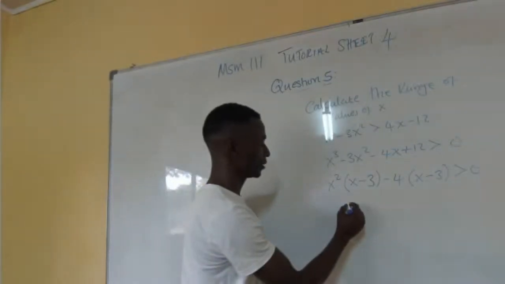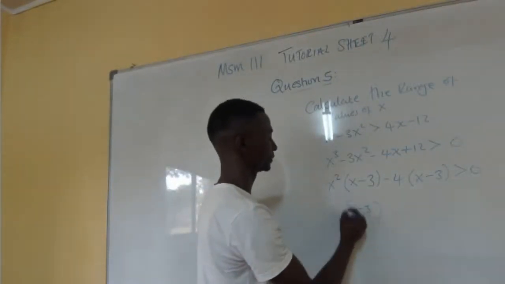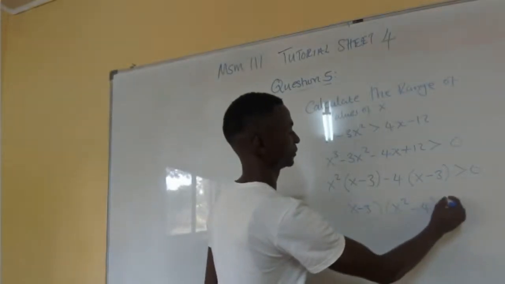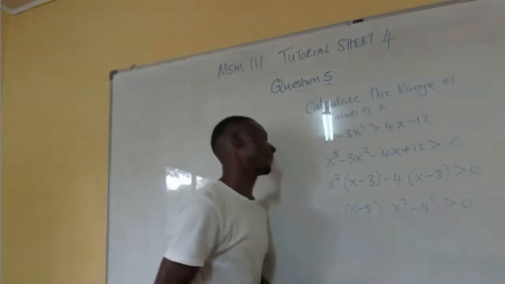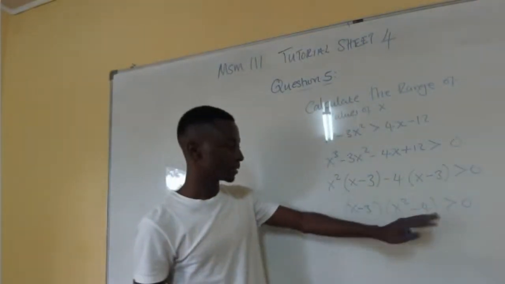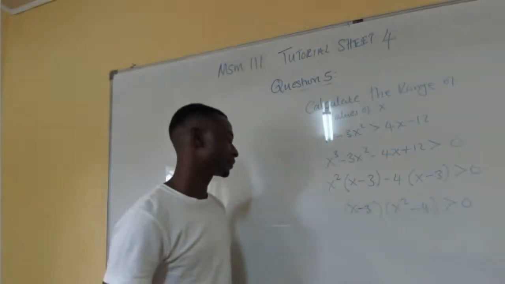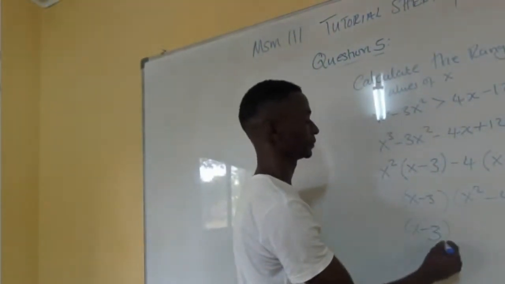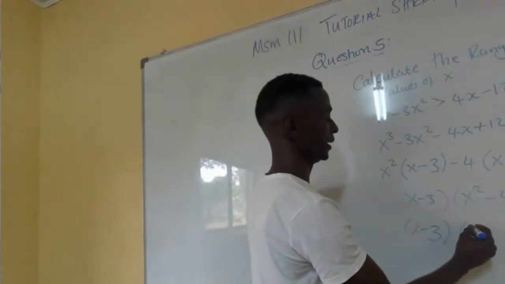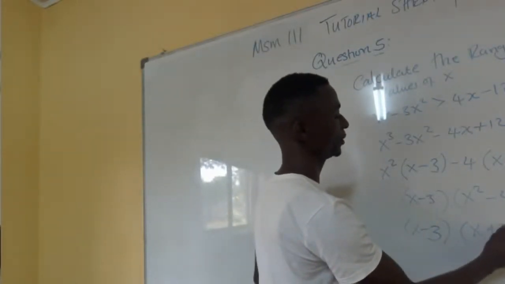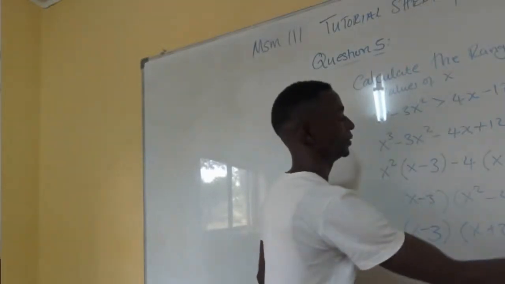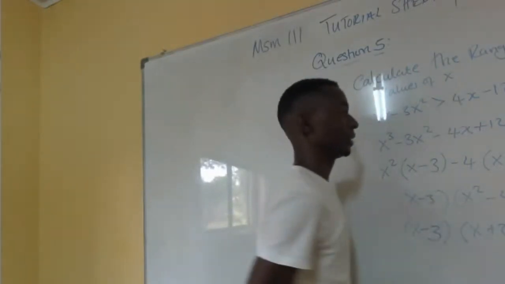So now from there, we have something like this. Even there, we're going to apply difference of two squares. So x minus 3, then x plus 2, and x minus 2, you do that, greater than 0.